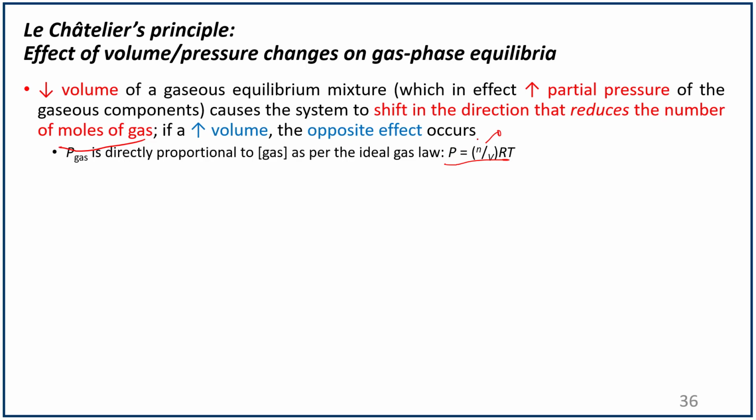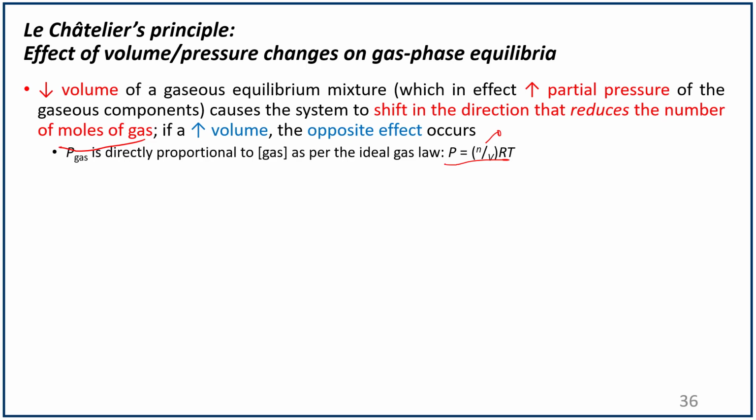So if we increase the pressure of a gas, and let's say that gas is on the reactant side, then the equilibrium should shift to the left, which reduces the pressure of said gas.